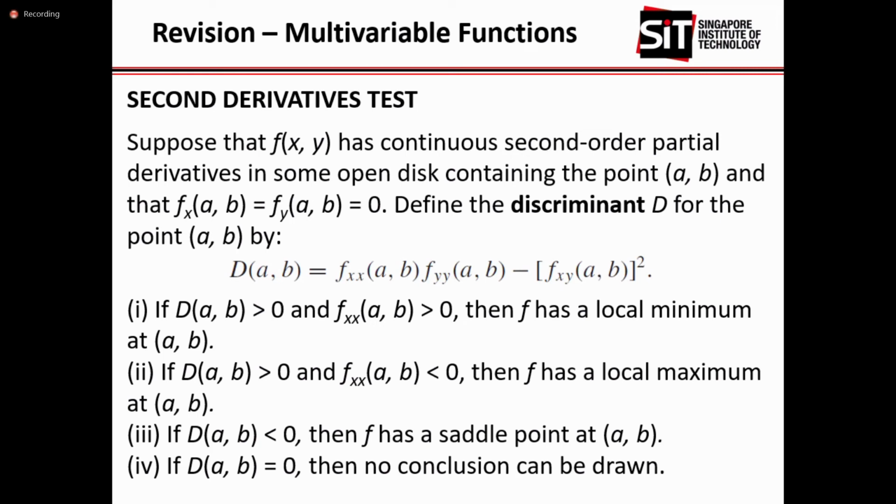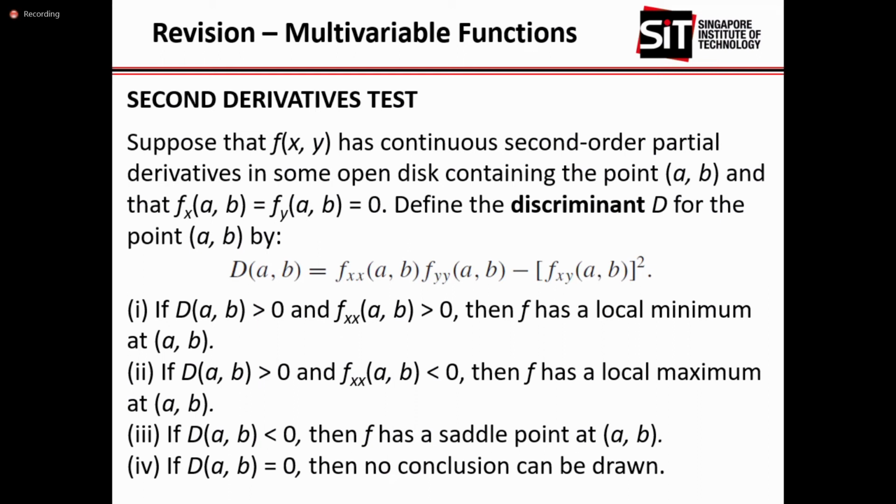This also applies to functions of multiple variables. However, because of the nature of multivariable functions, we have a third type of critical point, which is not a maximum, is not a minimum, but is known as a saddle point.